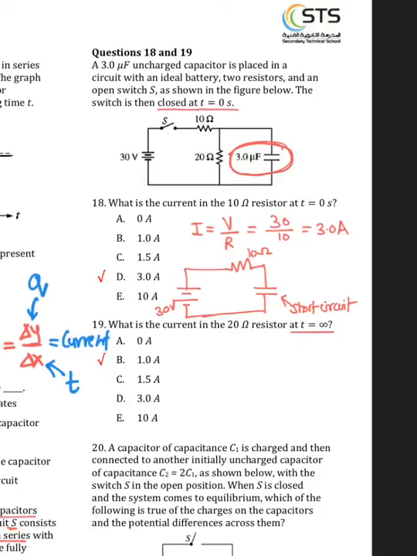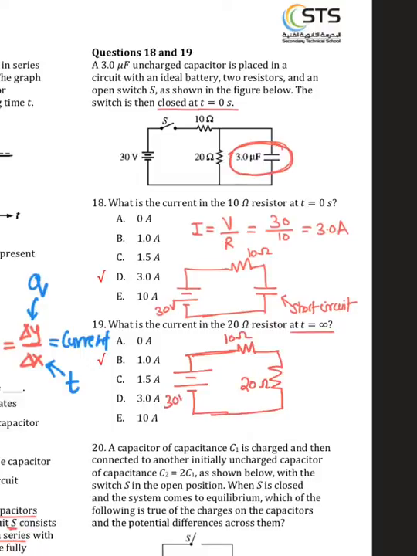So now the capacitor is going to block all the current as if it is an open circuit. So now what we are going to do is draw the 30 volt battery and the two resistors, that is 10 ohm and 20 ohm.